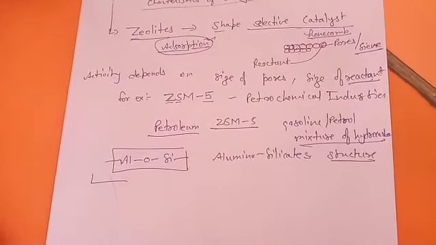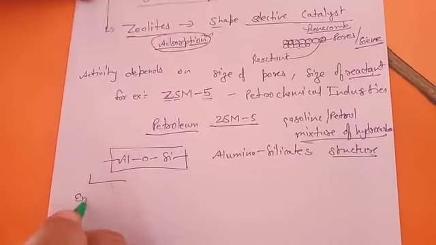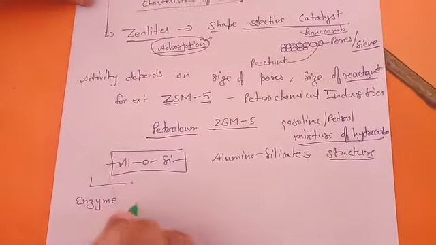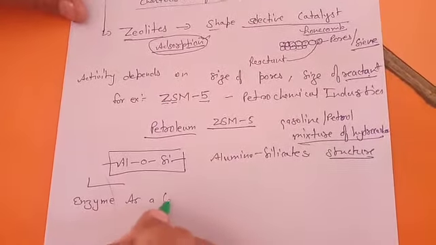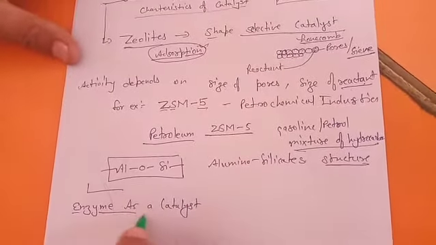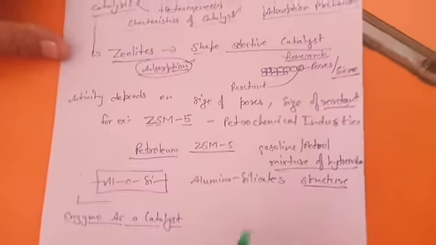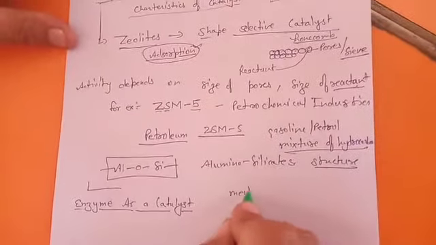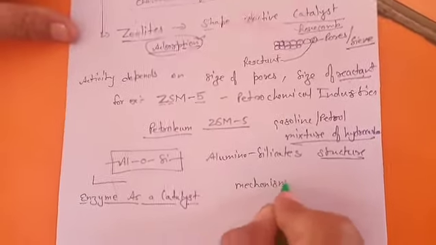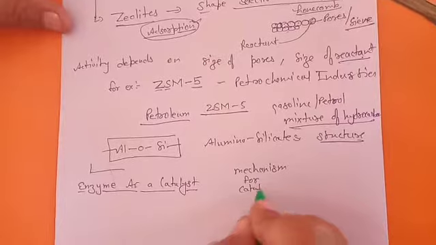The next topic we have to discuss is enzyme as a catalyst. In the previous lecture I told you, and I am telling you again, that two mechanisms are involved for catalysts.